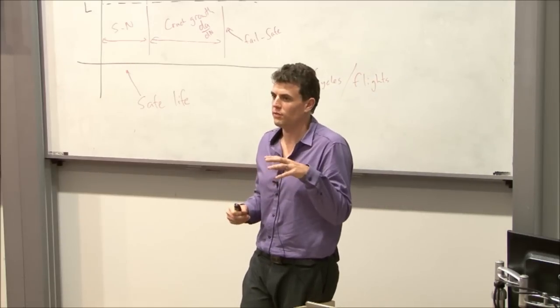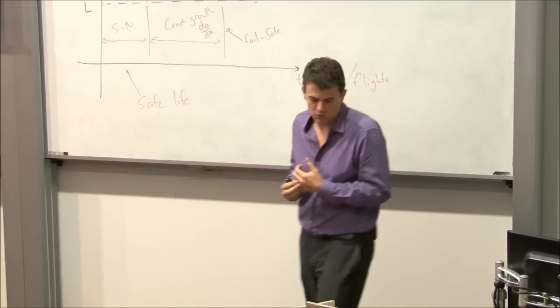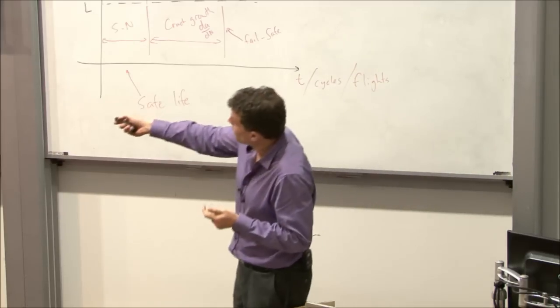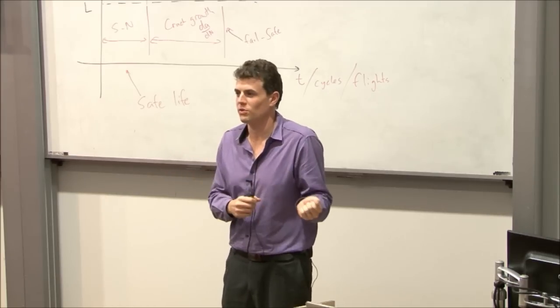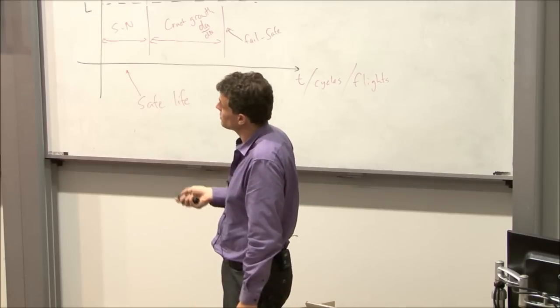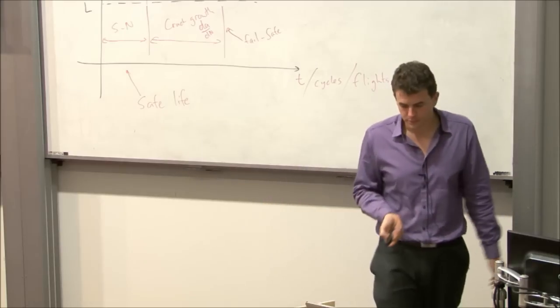We don't want to have to do everything from the outside. We need some way of penetrating into the structure to find potential cracks. We also need them to be non-destructive. So that's why the ND is here. We can't go chopping a piece out of the aircraft to test whether it's got cracks in it, because then we've defeated the whole purpose of inspecting. So non-destructive inspection is what NDI stands for.